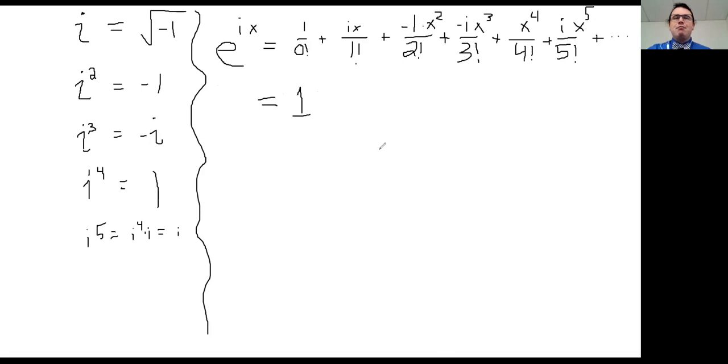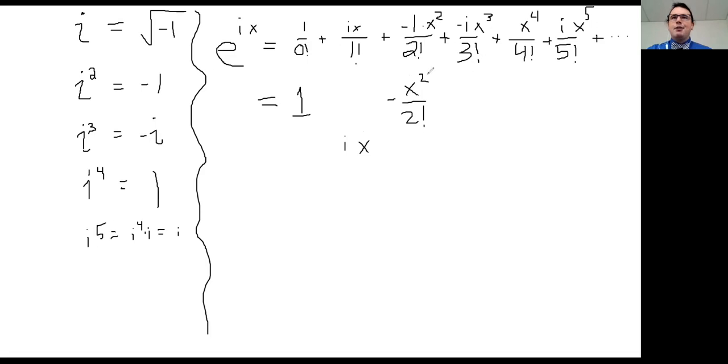So the first fraction is just going to reduce to 1. The second is going to reduce to i times x. The third only involves real numbers. Again, x I'm treating as a real number here. So this will be minus x squared over 2 factorial.